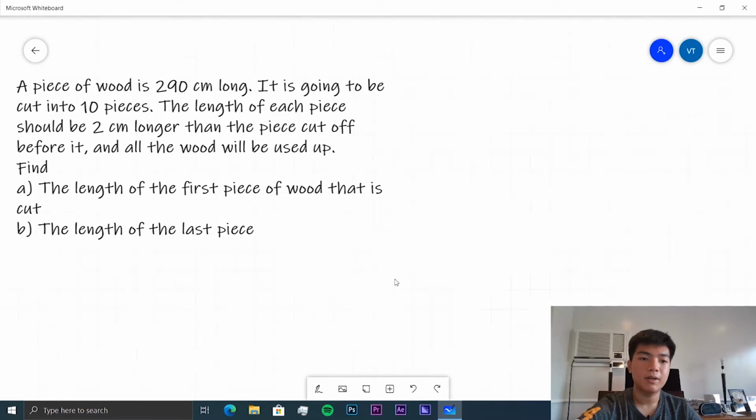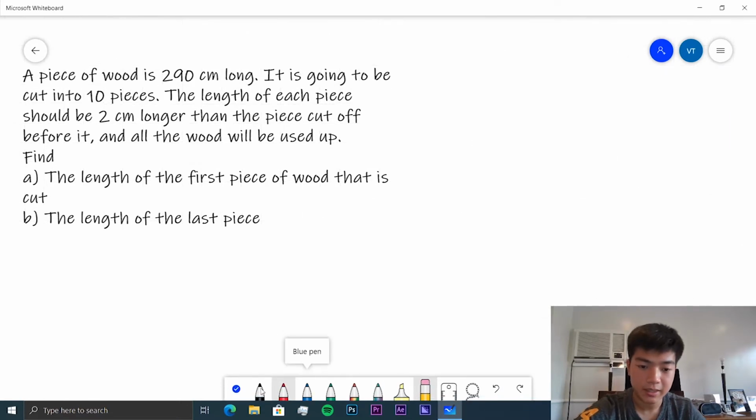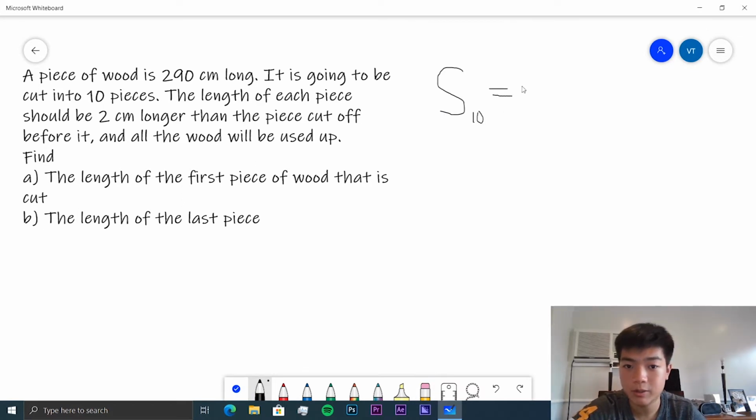This is quite a simple arithmetic sequence question. We have the sum of the first 10 terms of the sequence equal to 290, and the common difference is equal to 2.